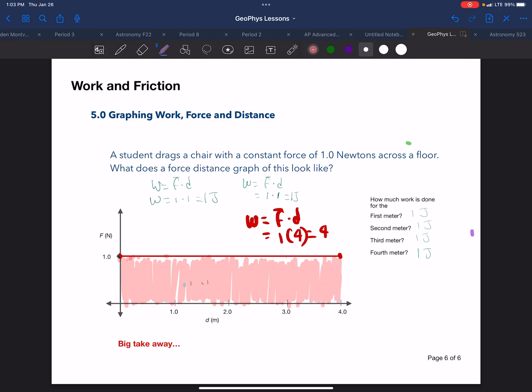As we drag it farther and farther, the area increases, and that area is the work. That is our big takeaway from looking at a force distance graph.